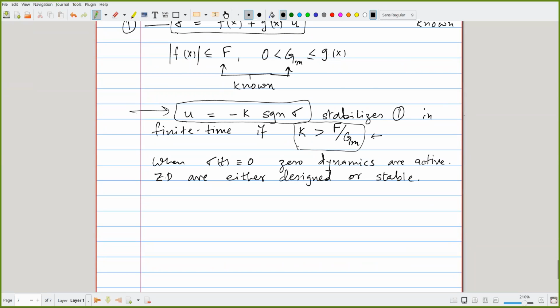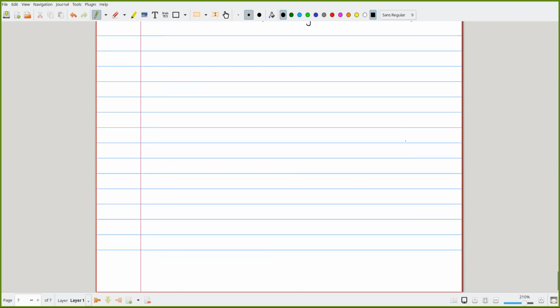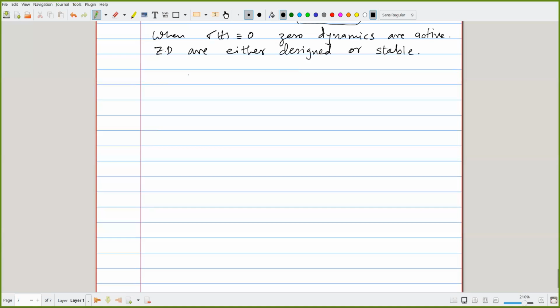So sigma has become zero in finite time, and the trajectory has reached the surface in finite time. So how does unmatched disturbance trouble these things? Now we observe that in sliding mode control there are two things. One is reaching the surface in finite time, that is the first thing. And the second thing is the stability of zero dynamics.